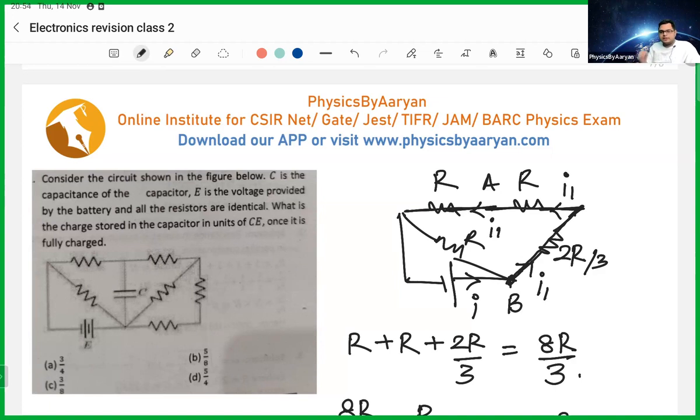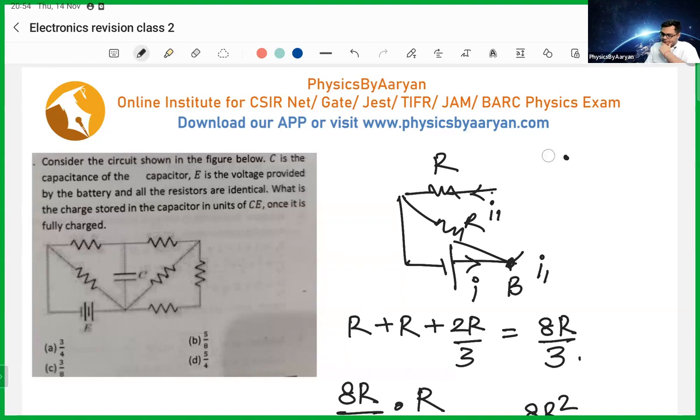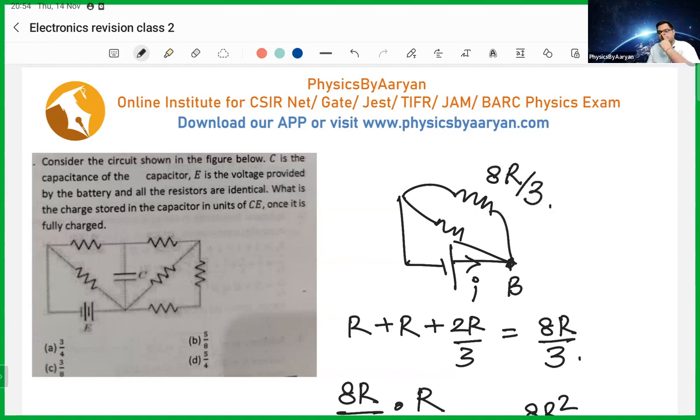Let's make these three a series. For series, what we have to do is add them. If I add them, I get R plus 2R by 3, which is 8R by 3. Now let me simplify this. Instead of writing all of it, I will just write 8R by 3. Now, what will happen with this R and this 8R by 3?